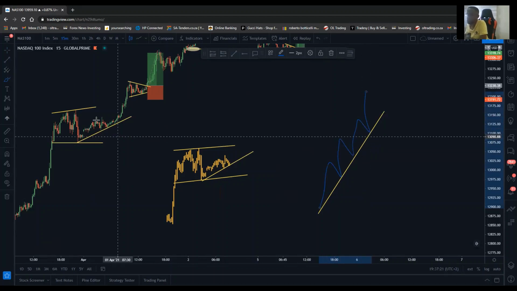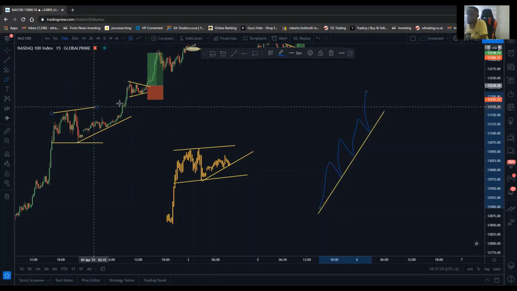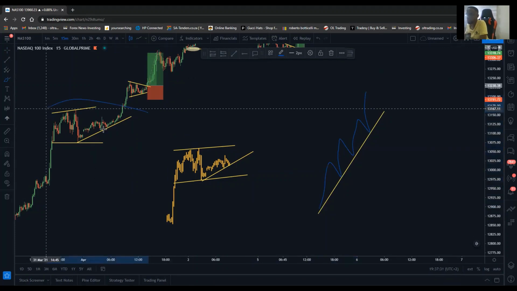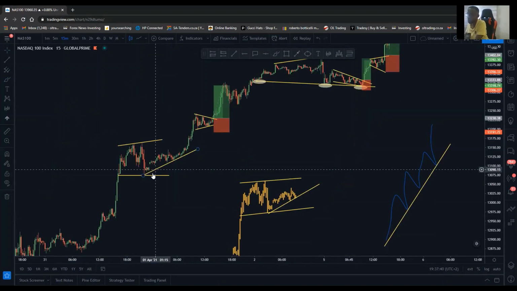You understand? So you can basically see that we had an impulse, then this whole thing now becomes a correction before it broke out of this move. You understand? This whole thing becomes a correction. But you are able to get those moves before it breaks out of that correction, because of what you already know, that I'm in a correction and this is my bottom. I treat this as a double bottom.